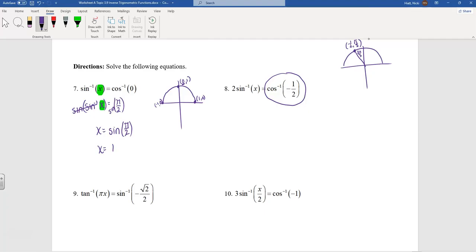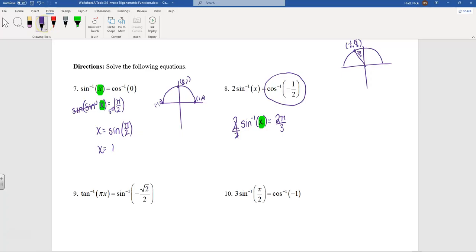All right, so 2 sine inverse of x is going to equal 2 pi over 3. Once you do the inverse cosine, the trig for that right side is gone. It's just 2 pi over 3. So you're trying to get to this x right here, so you're going to divide by 2.